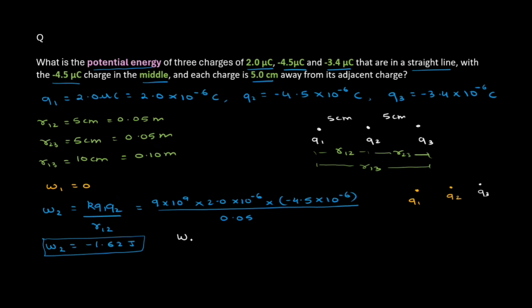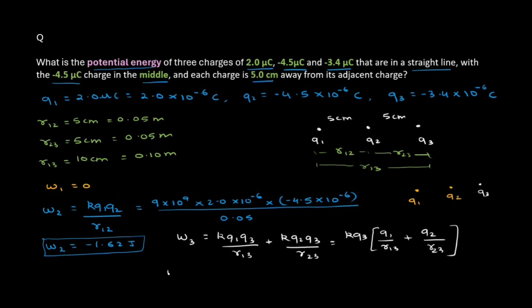So work done in bringing charge 3 can be written as k Q1 Q3 over r13 plus k Q2 Q3 over r23. Now k and Q3 are common, we can take them out, and we write this as Q1 over r13 plus Q2 over r23.